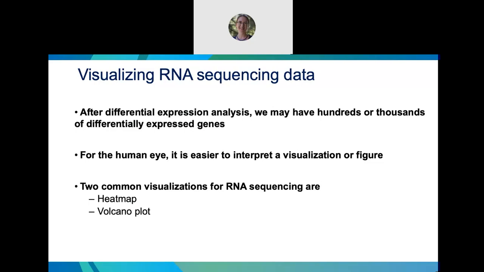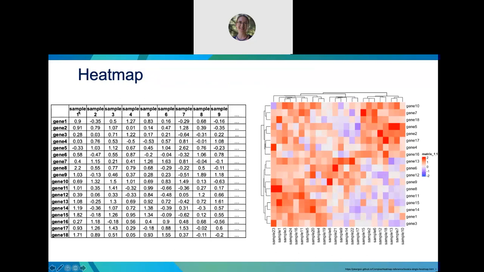So a heat map, here's an example of a heat map. You start with a numerical matrix where in our case, we're going to have samples across the top as column names, and then genes along the side as row names. Within the matrix, you have your numbers, which in our case are the normalized counts. The goal is then to map the values in the matrix onto some kind of continuous color chart.